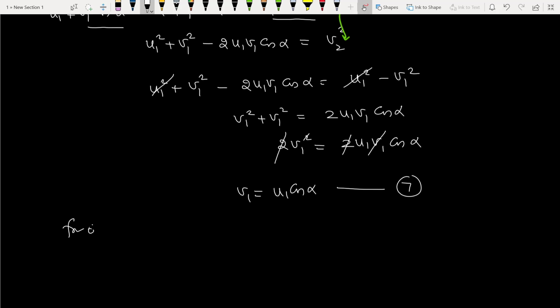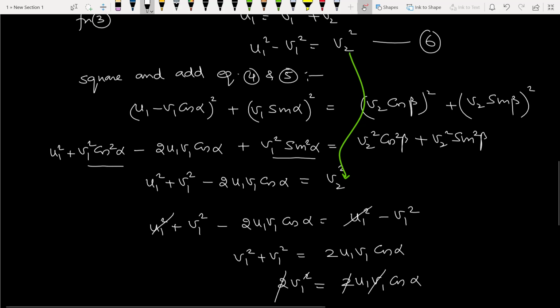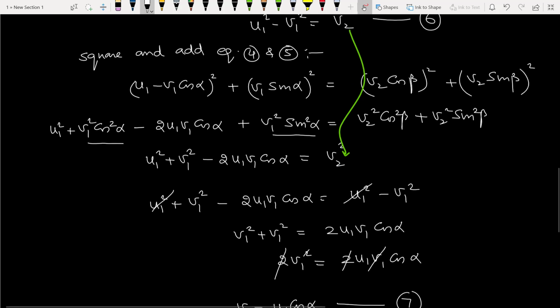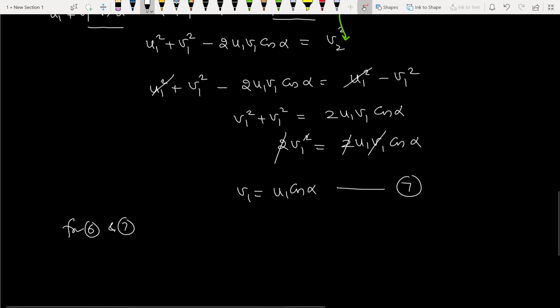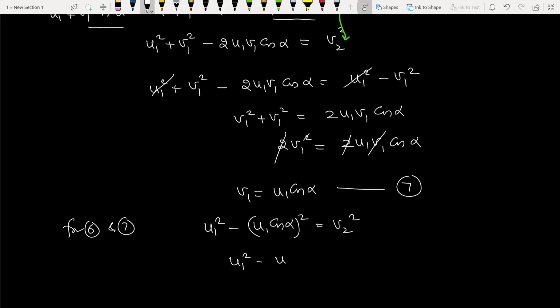So now from 6 and 7, we look at equation number 6. It is u1 square minus v1 square equals v2 square. So it is u1 square minus u1 square cos square alpha, where we substituted the value of v1, equals v2 square.